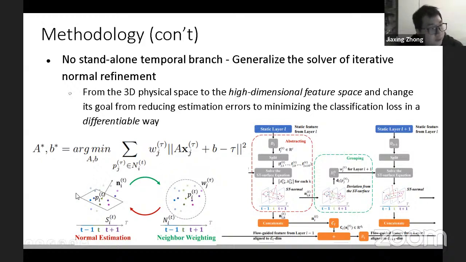In this case, we can fit an 8-dimensional plane, or surface, using several points. As long as the point number is larger than 8, we can fit it. But if we don't do the grouping, the splitting process, we will need many points to fit one.